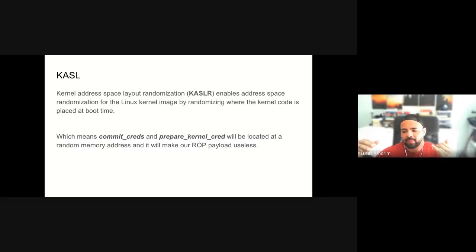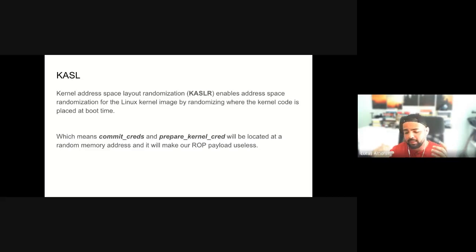Then you enable KASLR, and it generates a number during boot time and adds that. So that function is no longer at position 10 in memory, it's going to be at position 12, right? That's a really simple example. So KASLR basically randomizes your kernel address space to prevent vulnerabilities from being exploited, to prevent ROP payloads from working, right?